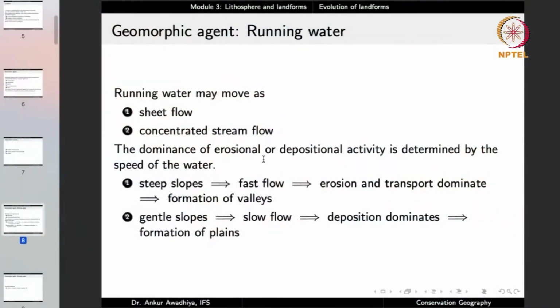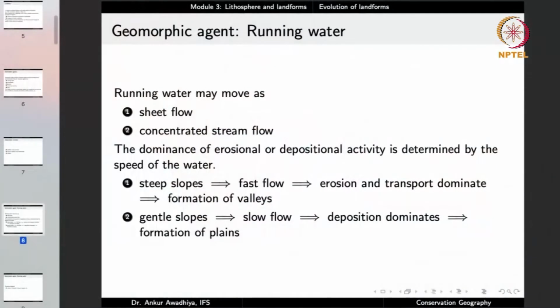Now the dominance of erosional or depositional activity is determined by the speed of water. Most geomorphic agents are not just agents of erosion, but also agents of transportation and agents of deposition. In the case of water, whether water does erosion or transportation or deposition, or two of these together or all three together, and in what proportions, is determined by the speed of water.